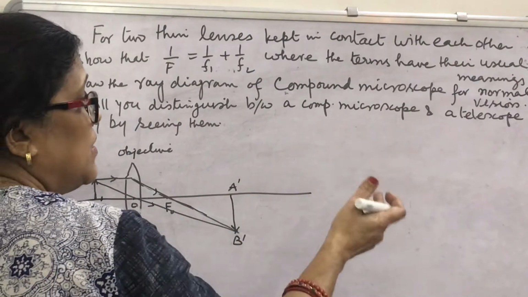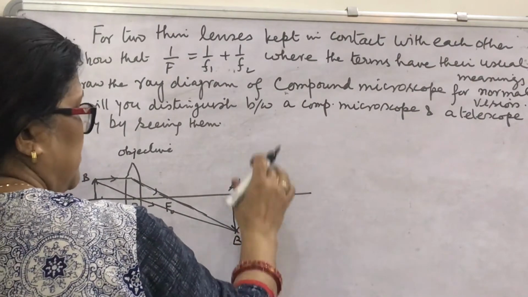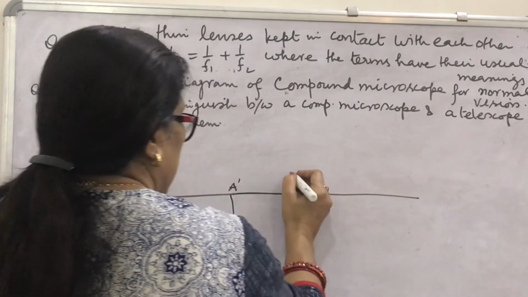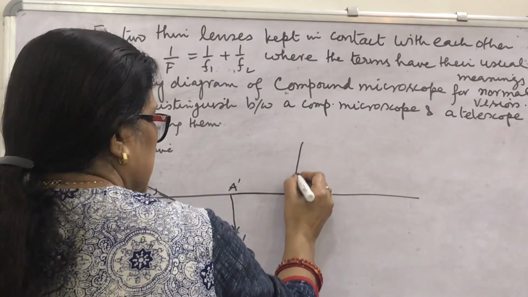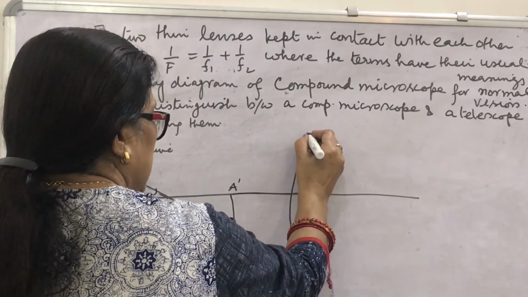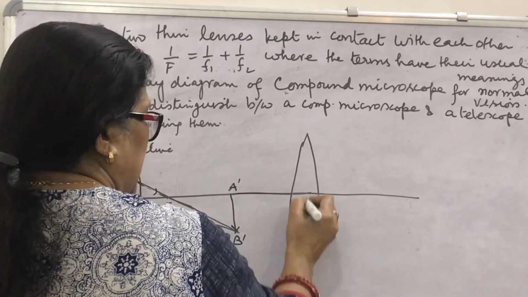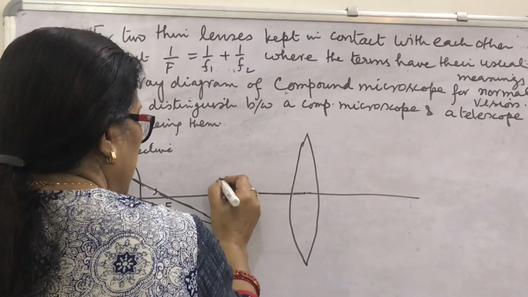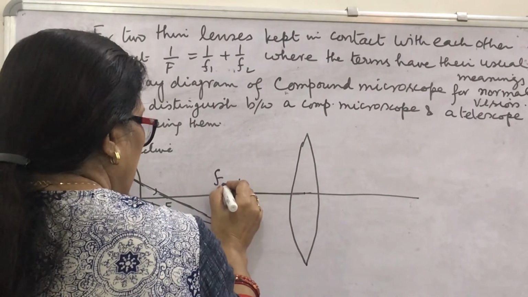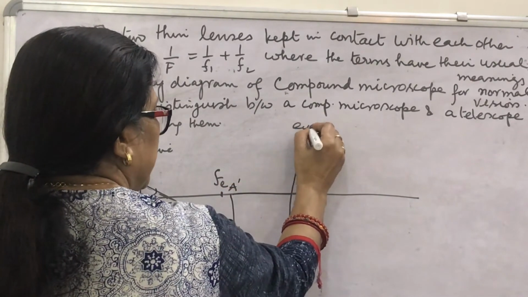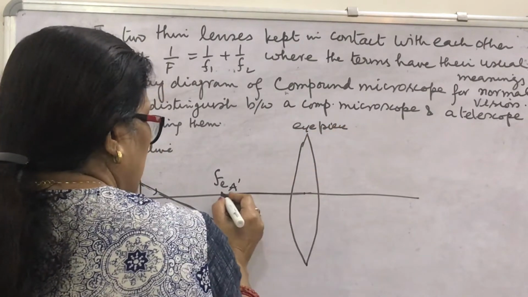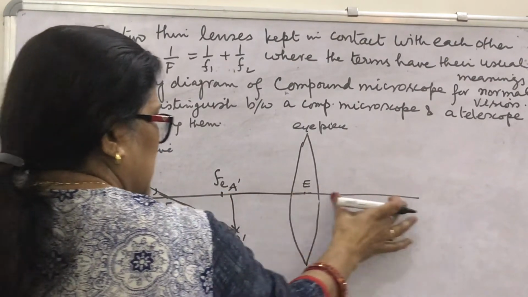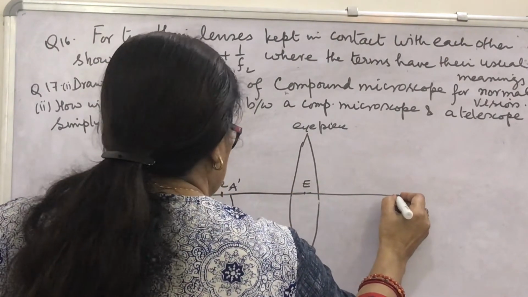Now, since for normal vision the final image is to be formed at infinity, the bigger lens, called the eyepiece or eye lens, is placed in such a way that this image is formed within the focal length of this lens. This is the eyepiece. The optical center is denoted with E. Then measure this distance on the other side also; this will be the distance Fe.